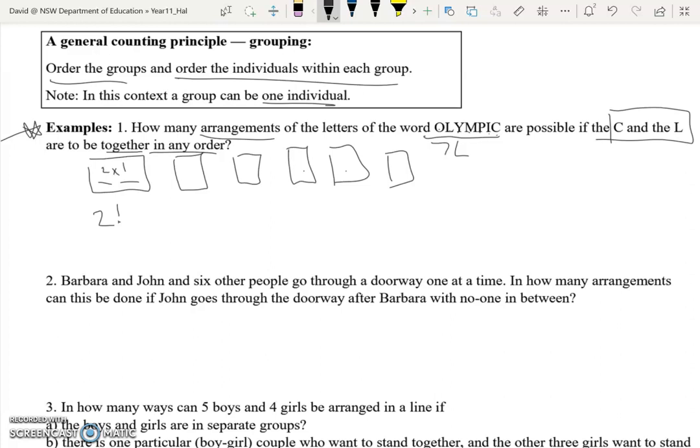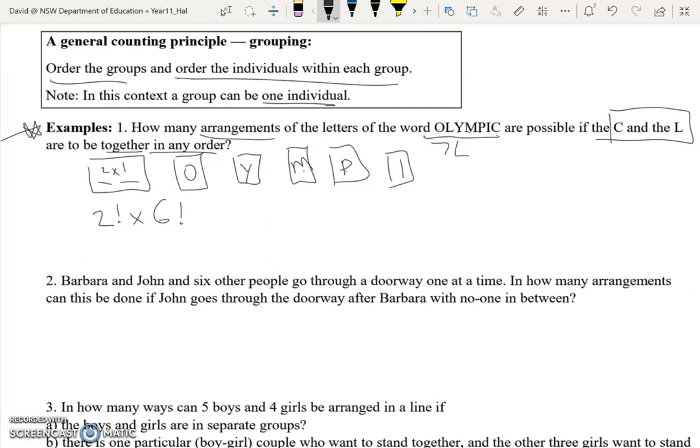And then what we do is we rearrange all these group blocks. So one of these will be O, one of them will be Y, M, P, and I. And what we do is we arrange all these blocks. 1, 2, 3, 4, 5, 6.